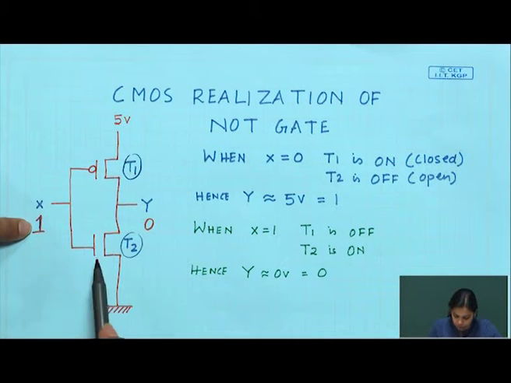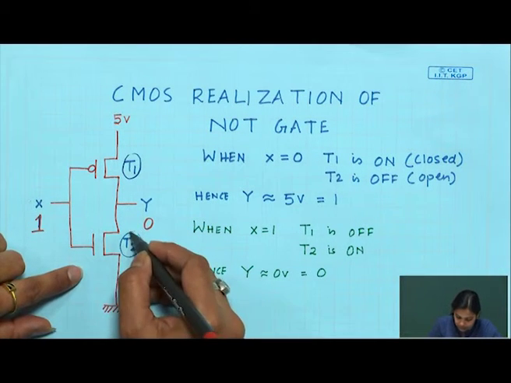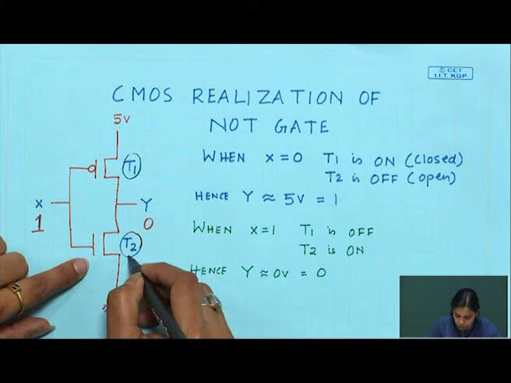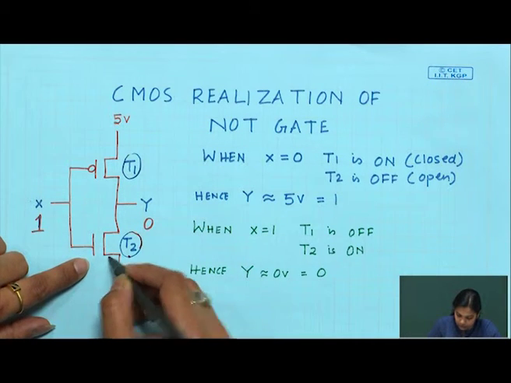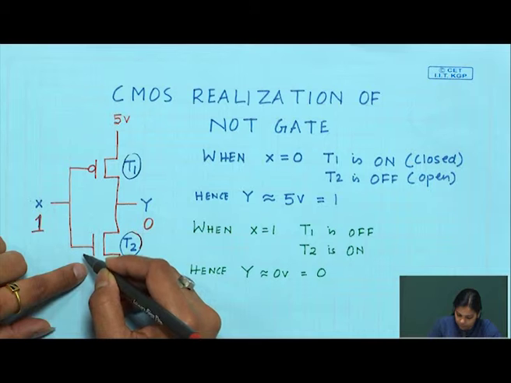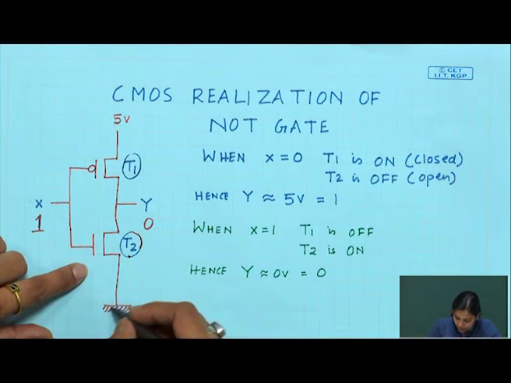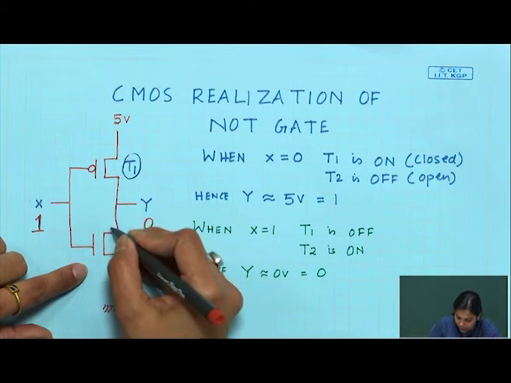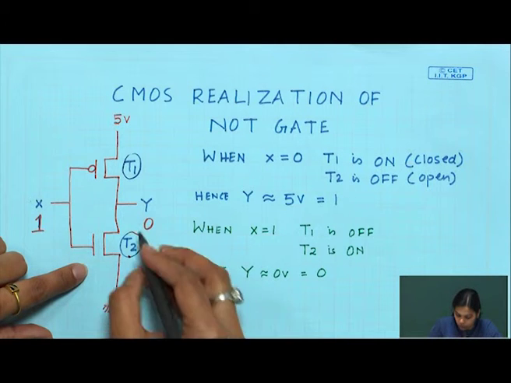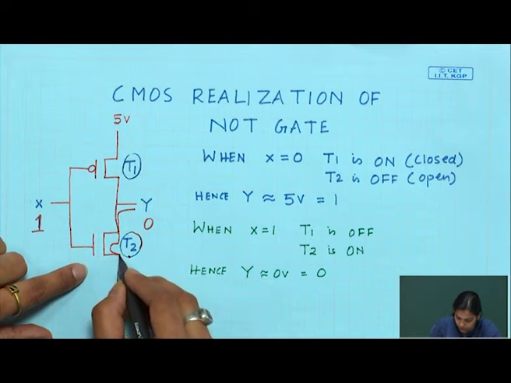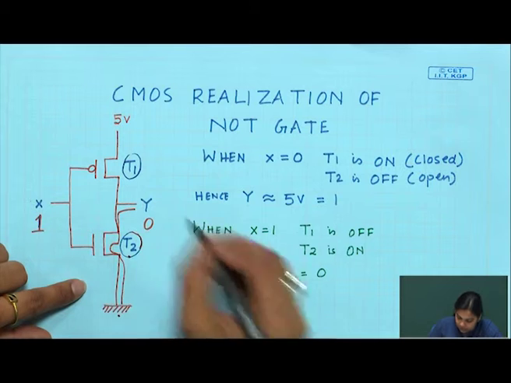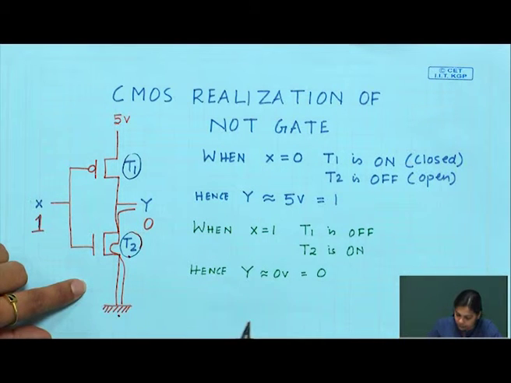Now, if this is 1, the bottom transistor, T2, which is an NMOS transistor, will be on, and there is a path from Y to ground. So, Y will have a value approximately equal to 0.